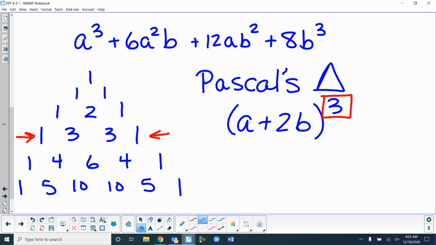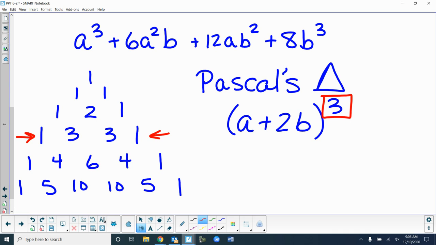If my exponent started with a 4, I'd use the row 1, 4. If my exponent was a 5, I'd use the row 1, 5. If it's bigger, I keep going until I get to that 1. Okay? You with me so far?